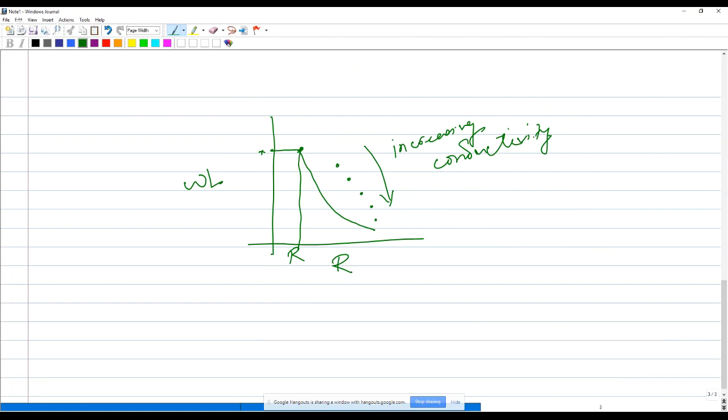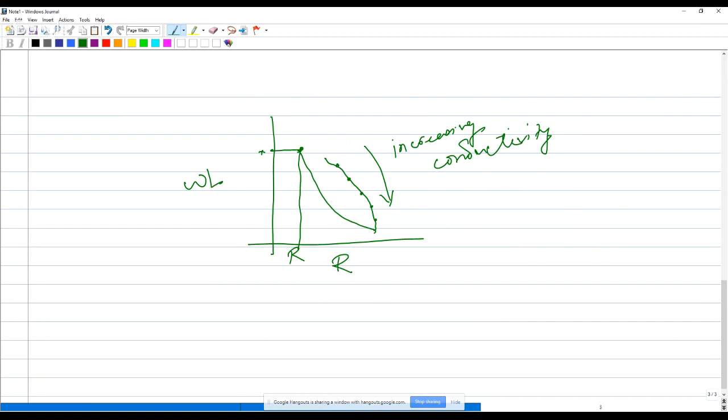And as I said, as you increase the conductivity, more current is drawn from the coil, and as a result, the resistance of the coil increases, and that is why you see the conductivity curve going down like this as you increase the conductivity. Okay?